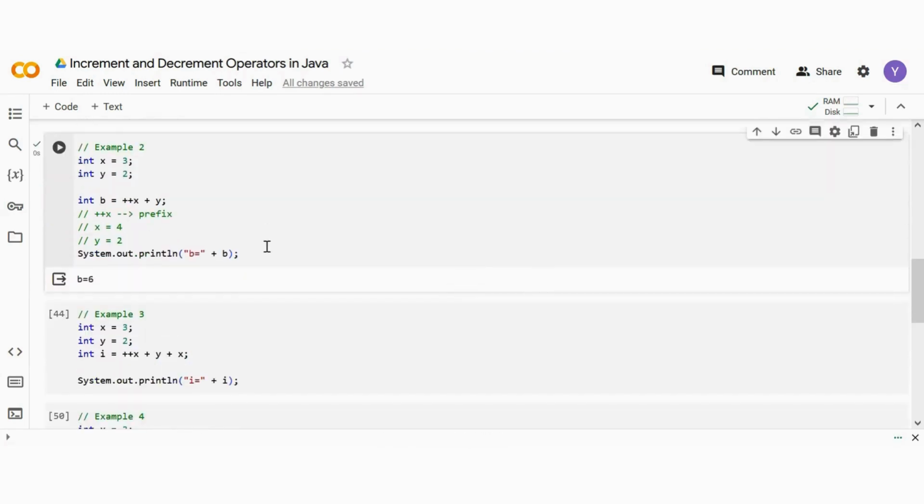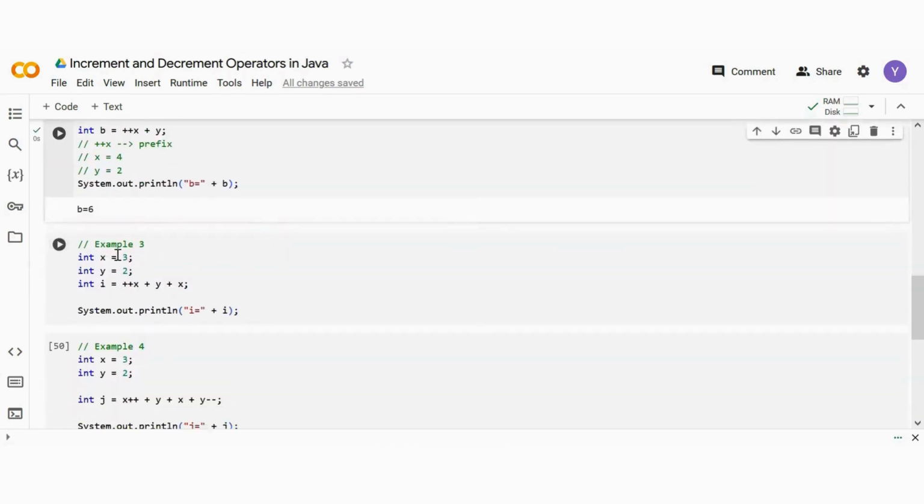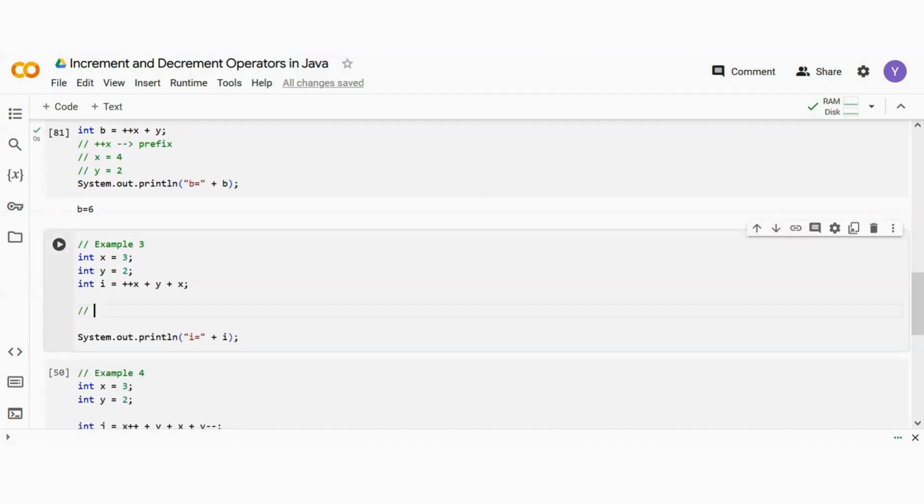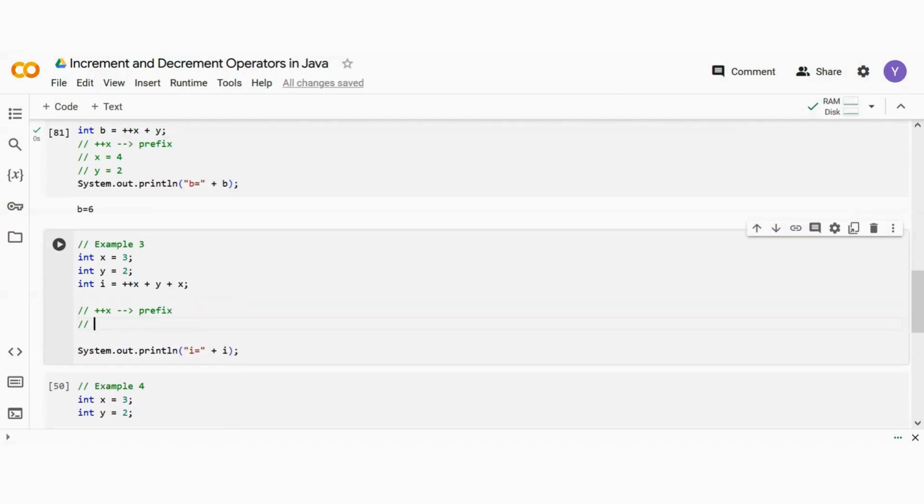b equal to 6. Example 3, integer x is equal to 3, integer y is equal to 2, integer i is equal to ++x + y + x. So ++x here, we know that that is prefix, which means I'm going to increase x by 1 first. So now my x will be equal to 4.